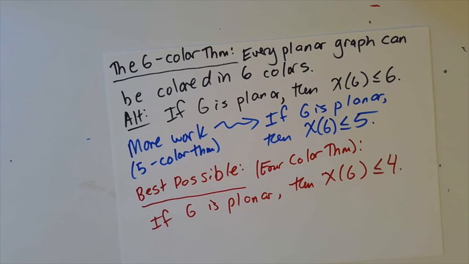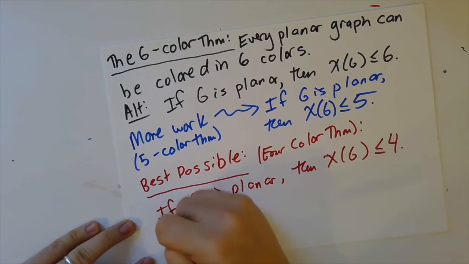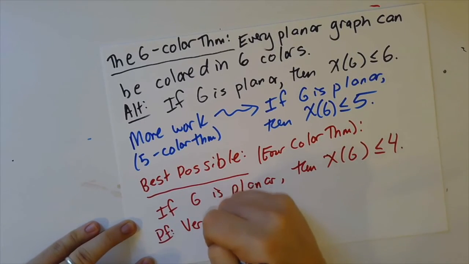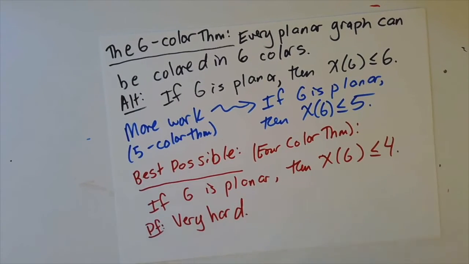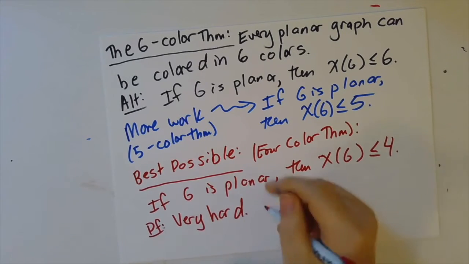Okay. And in fact, this proof is really hard. Okay. And in fact, this proof is so difficult that we know no proof of this that does not require a computer.